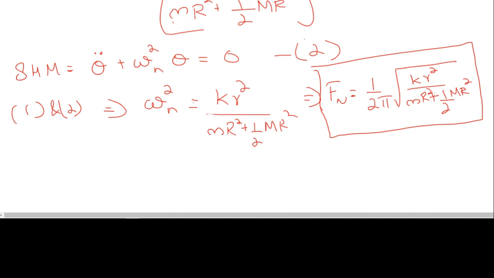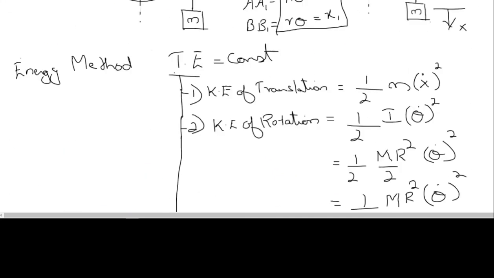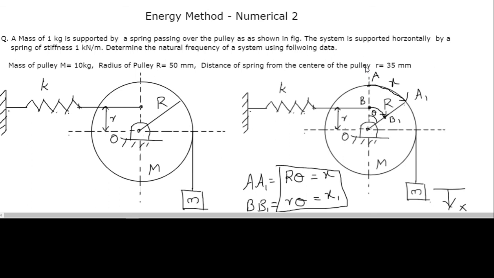There are values given: small r as 35 mm, capital R as 50 mm, mass as 10 kilogram, and small mass as 1 kilogram. So this will be our small m, capital M is given, and this will be our k. Everything else is given.